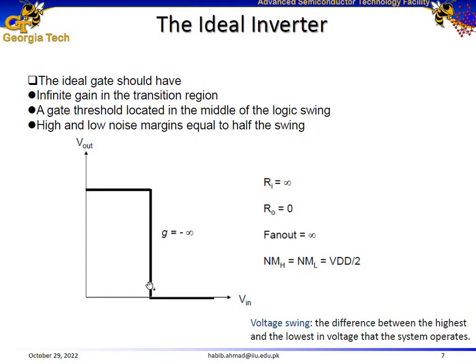It's going to have infinite gain in the transition region, and zero gain over here and zero gain over here. The threshold voltage is located in the middle of the logic swing, and the high and low noise margins are equal to half the logic swing, VDD divided by 2.